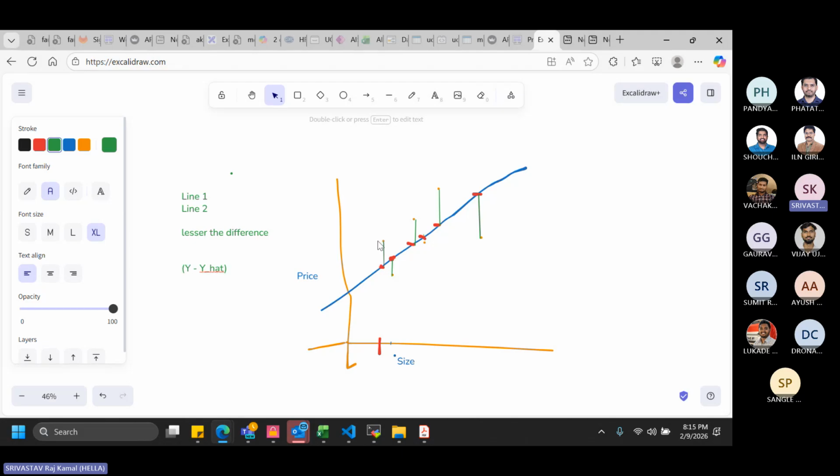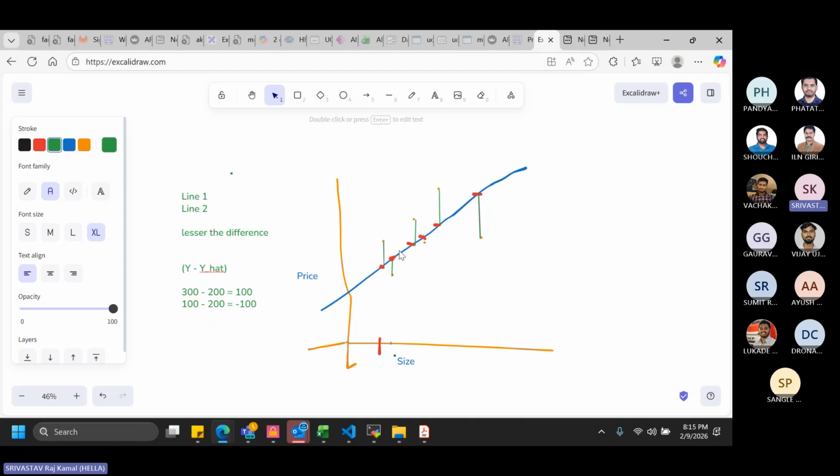So here y is 200, 200 minus y hat, which is 100, so the difference is 100. Suppose for this example the actual is 300 and the prediction is 200, the difference is 100. In this case, suppose the actual is 100 and the prediction is 200, this comes out as minus 100.